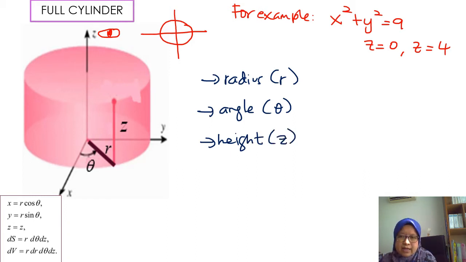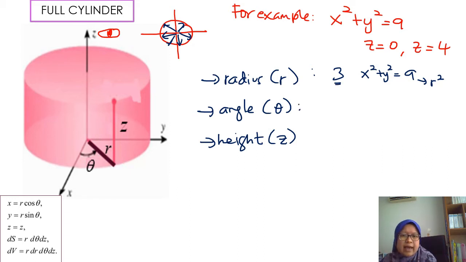The radius is based on the equation of the circle, from the origin to the circumference. So the radius is 3. How do I know? Because I have the equation x squared plus y squared equal to 9, where this 9 is actually r squared. So r is equal to 3.